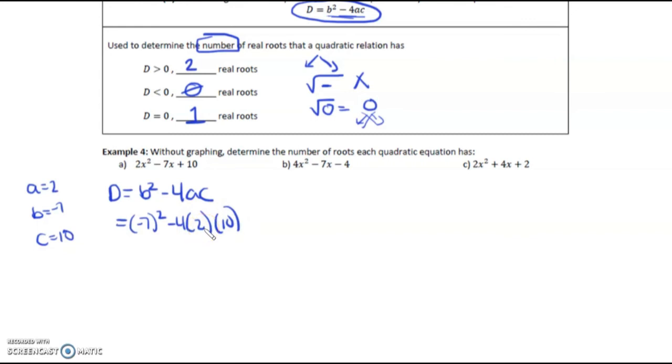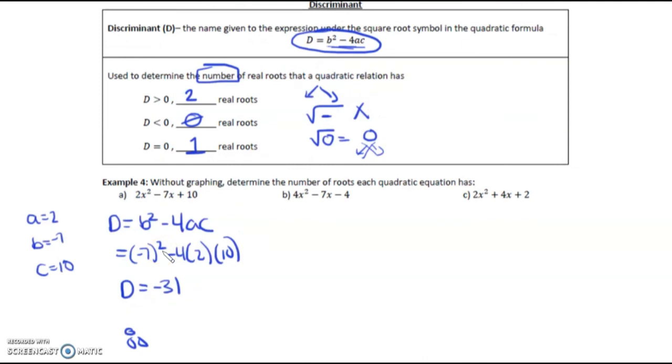And what we get for this one is -31. So since the discriminant is -31, because d is less than 0, there are 0 roots.